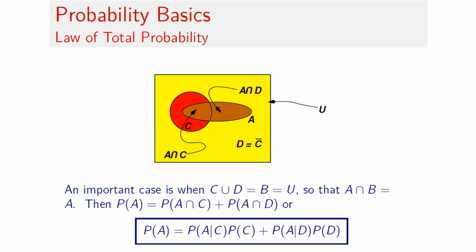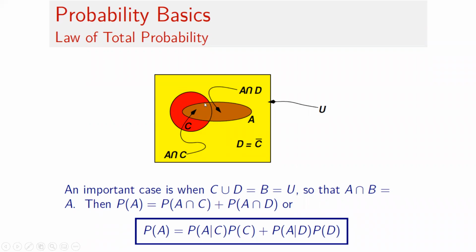So a very important case is when capital C joined with capital D is equal to B, and it's just the whole universe. In other words, for example, in the example of the dart, it could land in C or it could land in D, nowhere else, because remember, B is the whole universe.